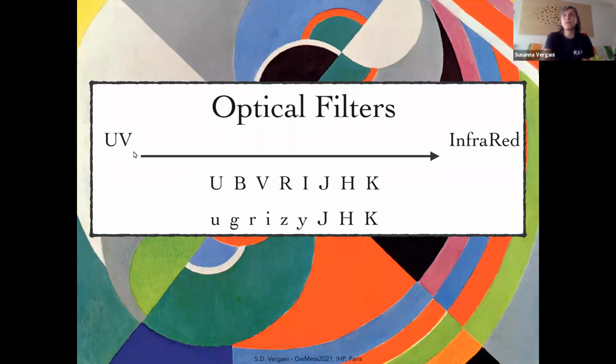From the ultraviolet to the near infrared, you will see filters that have these names, U, V, R, I, or these names. Those are different filters, okay? You will see some of these symbols in the next slides, so you know that they correspond to an optical filter used for the observations.